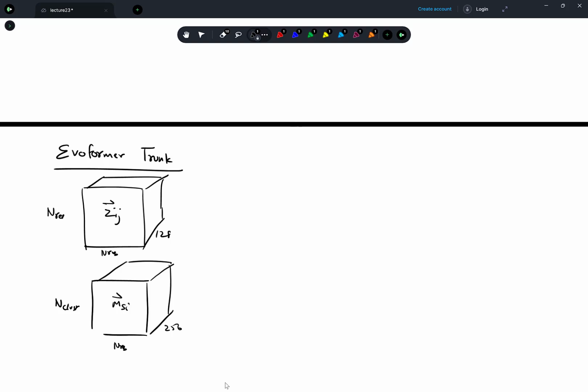I'm going to take the MSA representation. Just to define, this is the pairwise representation or the pair rep, and this is the MSA rep. These are the two tensors that get into the evoformer. Let's see first what happens to the MSA rep.